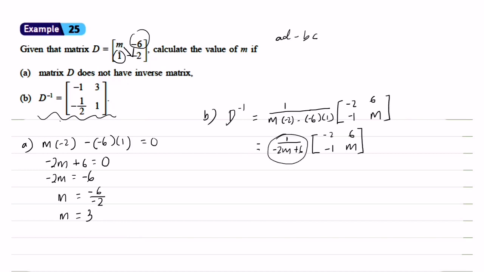This one I multiply with this will equal -1, right? Okay, so 1 over -2m plus 6 times -2 equals -1. So -2 I put above, then at the bottom here is -2m plus 6 equals -1.